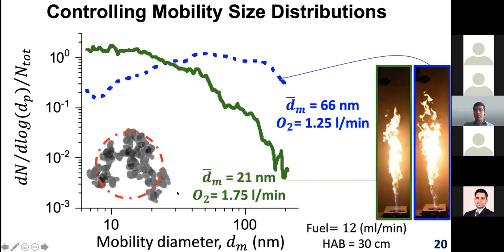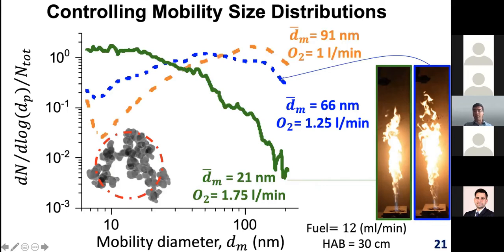Now, by reducing the amount of dispersion oxygen by only half a liter, we could increase the average mobility diameter by a factor of more than 3, to 66 nanometers. And by further decreasing that to 1 liter per minute, we could increase that to 91 nanometers. So we could control the mobility diameter of soot particles within a relatively large range.